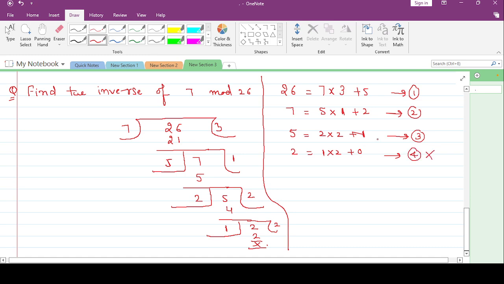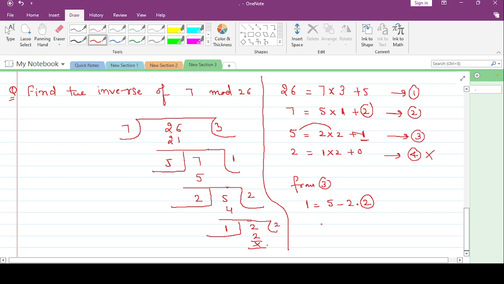Now you leave this equation. What is your equation number 3? Equation number 3 is this. Write this 1 as 5 minus 2 into 2. Now what is the value of 2? You just simply replace one value of 2, not both.